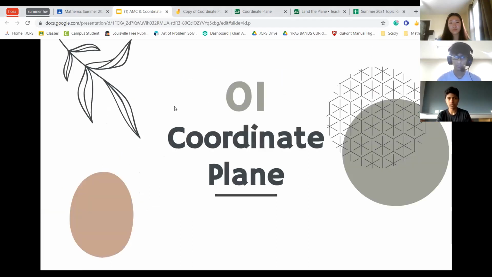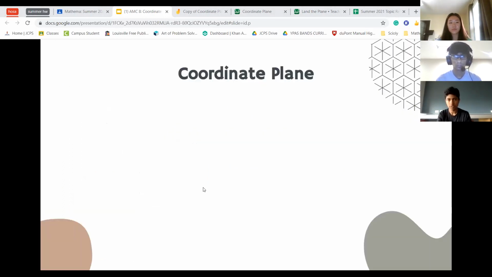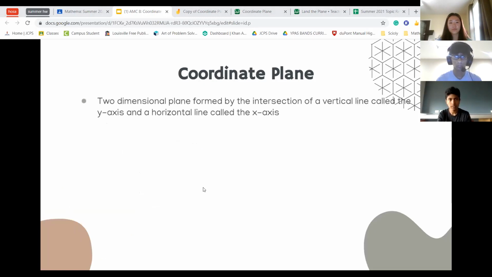Okay, so first, before we get started into functions and graphing lines, we need to learn about the basics of what x and y are for those that don't know yet. So we're going to be taking a look at a coordinate plane. A coordinate plane is made of a y-axis and an x-axis.